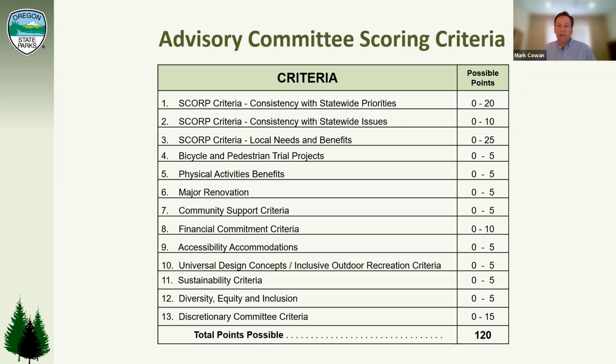Major rehabilitation. We look at your community support, financial commitment, accessibility, going on down. And then discretionary committee members have 15 points of their own to use based on their own knowledge of their region and regions around them, for a total of 120 points.